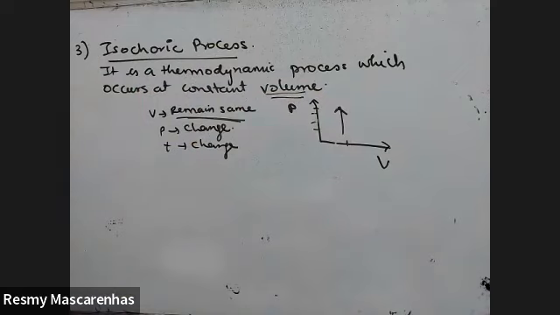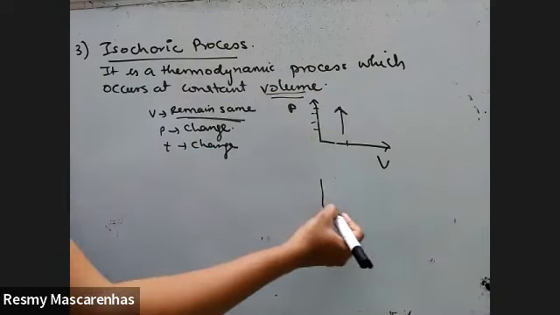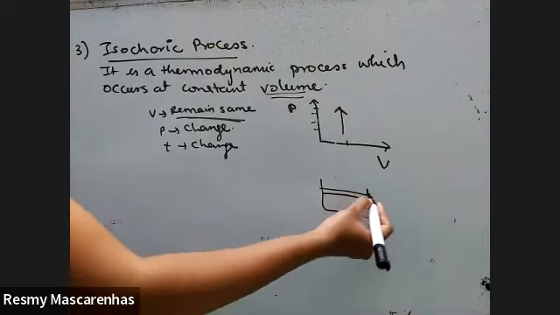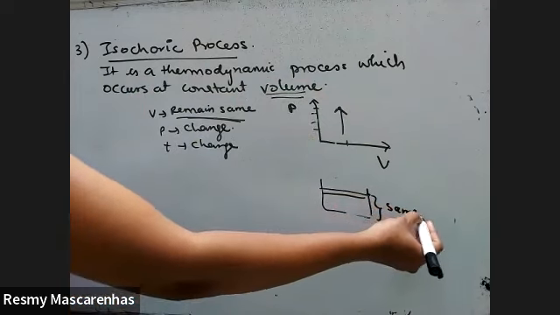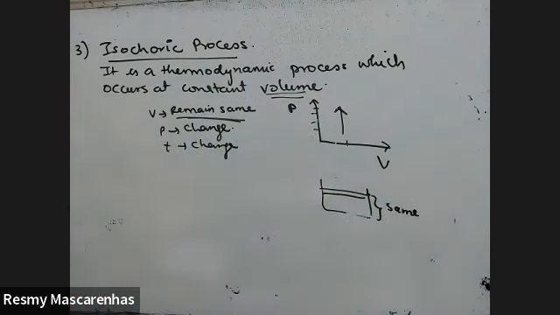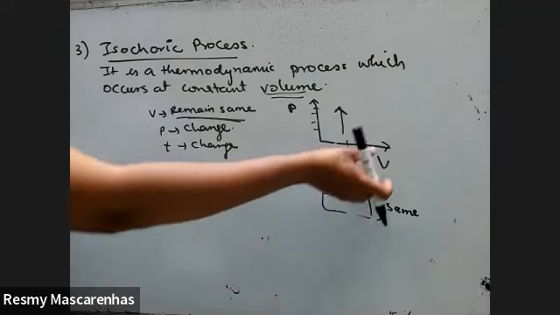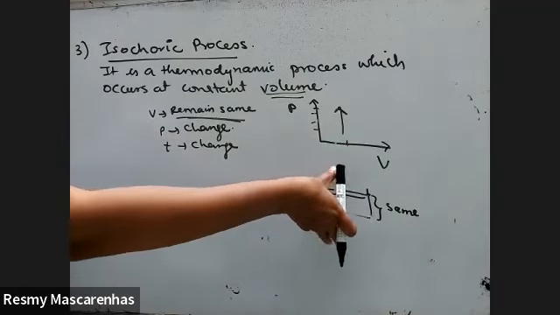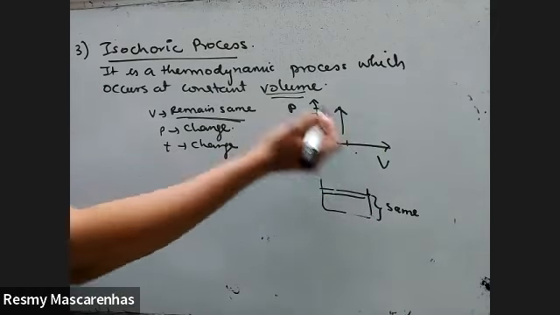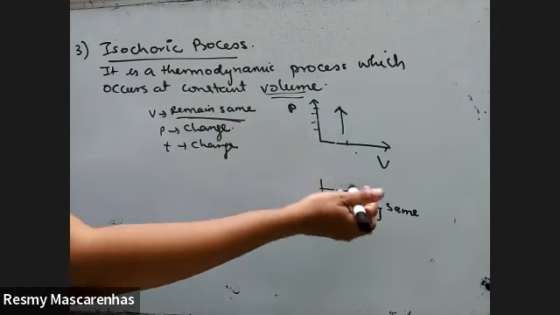So what it means basically, if you are keeping volume the same, means the piston is not moving 100%, because if the piston moves, obviously the volume is changing. It will increase or decrease. So if you are trying to keep volume the same, means you are keeping the piston fixed.